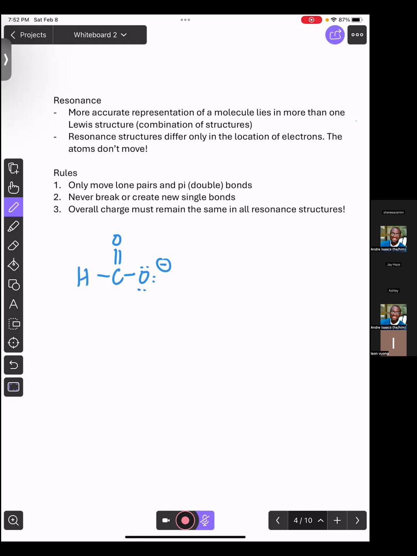I always suggest you start at the place of high electron density. If I'm going to move electrons through the molecule, they're probably going to be moved from a part of the molecule where electron density has been built up. So it's obvious to me that electron density is built up on the right side of this molecule because I have a formal negative charge on my oxygen.